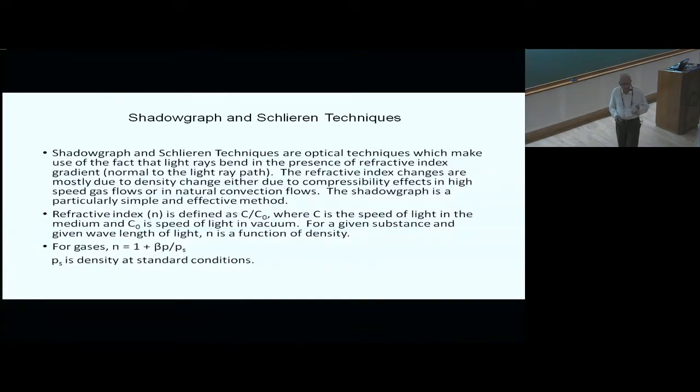One is where you get refractive index gradient because of density change, and that density change can happen when the speeds are very high, like high Mach number or compressible flows essentially. And the other type of flow where you get density change is, of course, free convective flows, where density is the driving force. And for example, for gases, the refractive index is directly linearly related to the density.